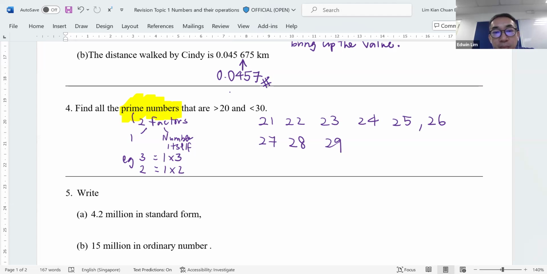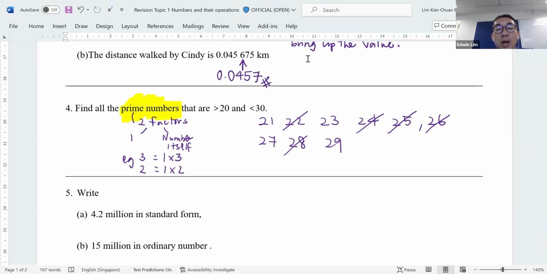The rest of the even numbers, they are not prime numbers. So 22 I can remove, 24 I can remove, 26 I can remove, 28 I can remove. Any numbers that end with 5 and 0 can also be removed because they can always be divided by 5. Example, 25 is 5 times 5 as well. So 25 I will remove. So we are left with only 4 numbers, 21, 23, 27, 29.